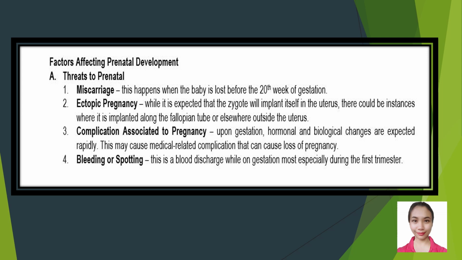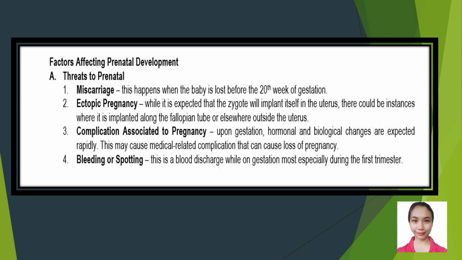What is the difference between bleeding and spotting? Bleeding or spotting can happen anytime, from the time you get pregnant to right before you give birth. Spotting, class, is a light bleeding.